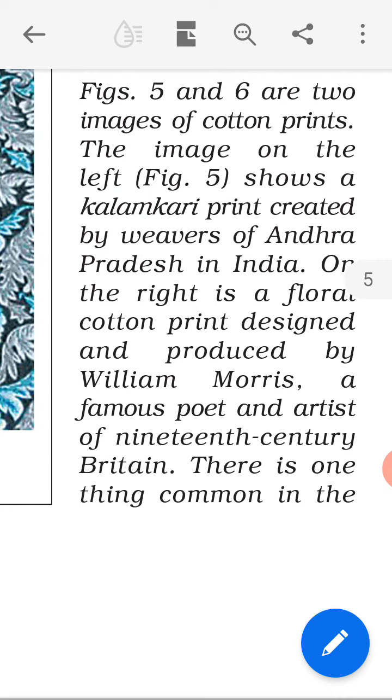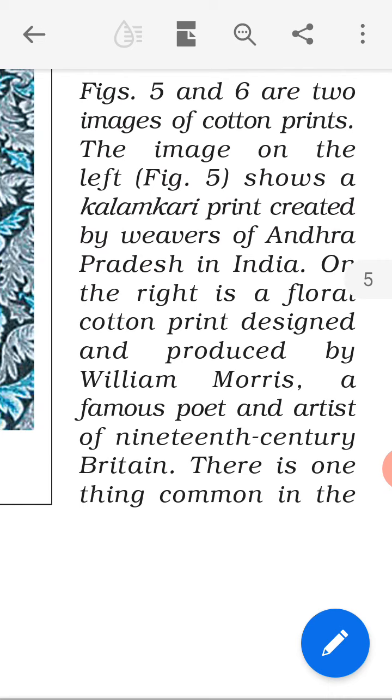Floral means having flowers, and which was produced by William Morris. Who was William Morris? A famous poet and artist of 19th century Britain. So he produced a Morris cotton print and a Kalamkari print by our weavers of Andhra Pradesh.